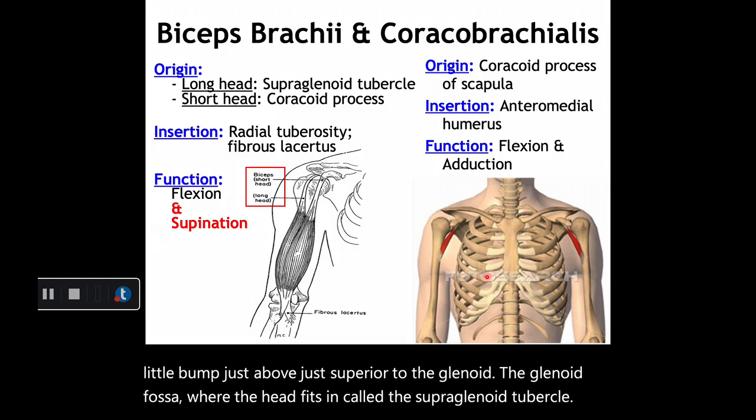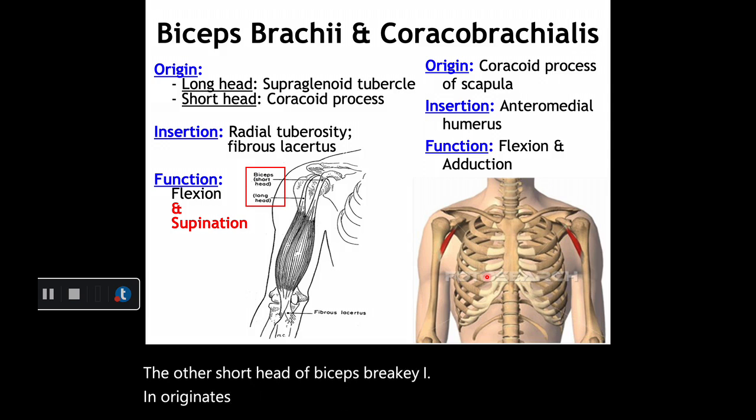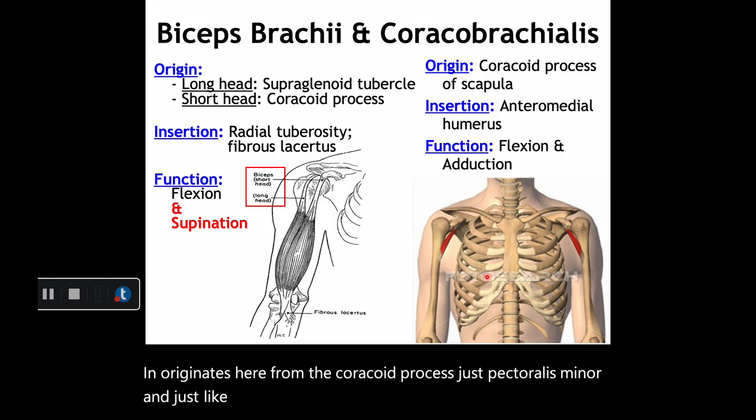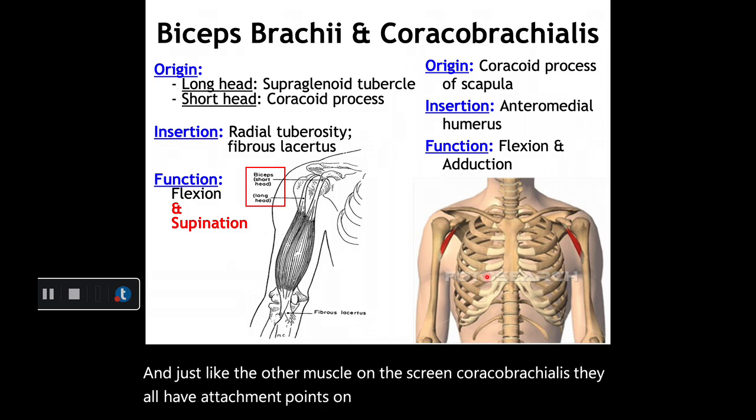The other short head of biceps brachii originates here from the coracoid process, just like pectoralis minor, and just like the other muscle on the screen, coracobrachialis. They all have attachment points on the same spot, the coracoid process.